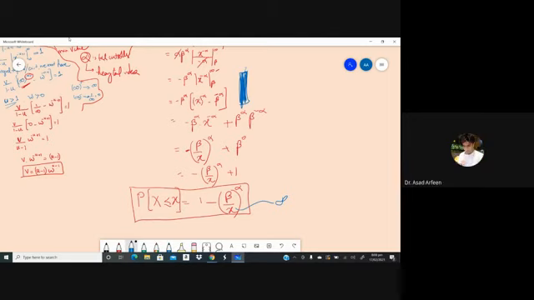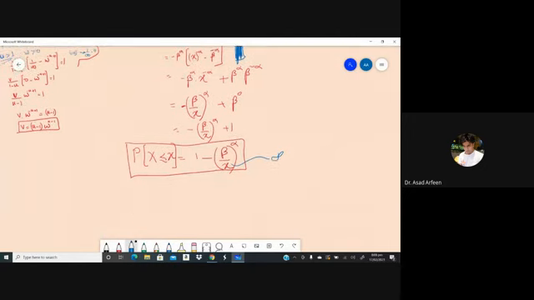So the probability that x is less than infinity is equal to 1. That's a particular behavior of that heavy tail distribution, even if the data is too high.